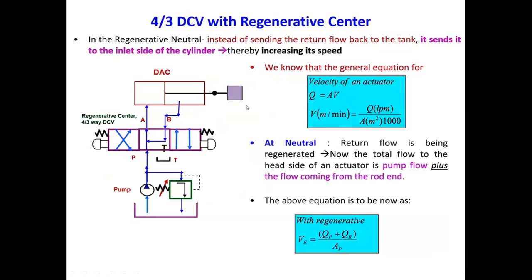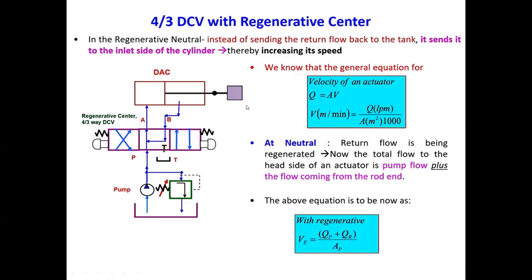Instead of sending the return flow back to the tank, it sends it to the inside of the cylinder, thereby increasing its speed. We know that the general equation for velocity of an actuator: Q equals area times velocity, so velocity equals Q by A. So at neutral, return flow is being regenerated.